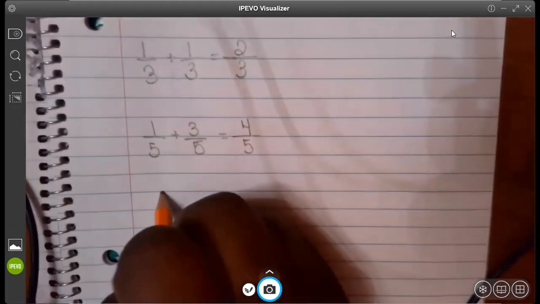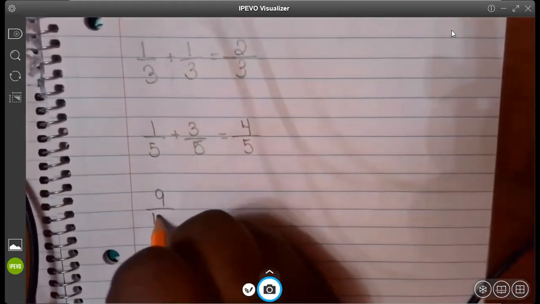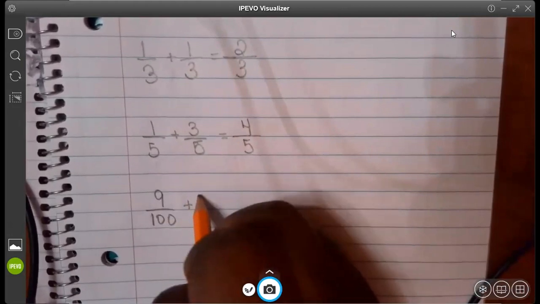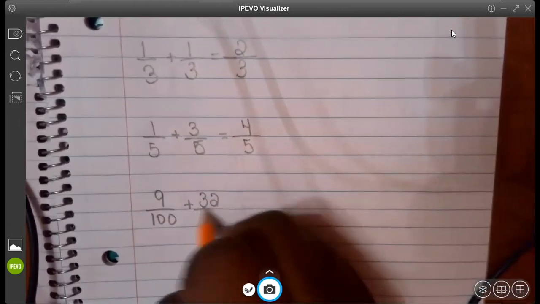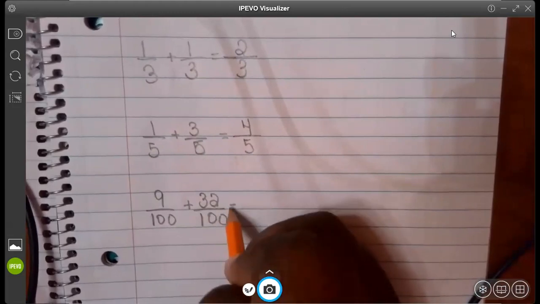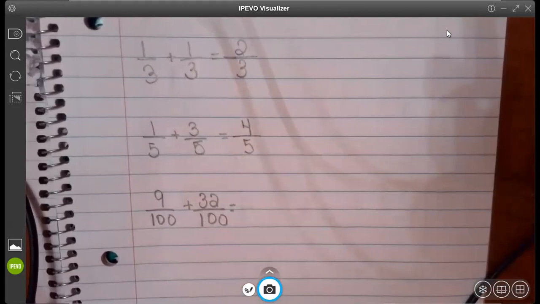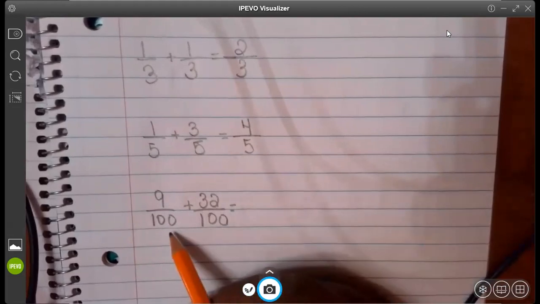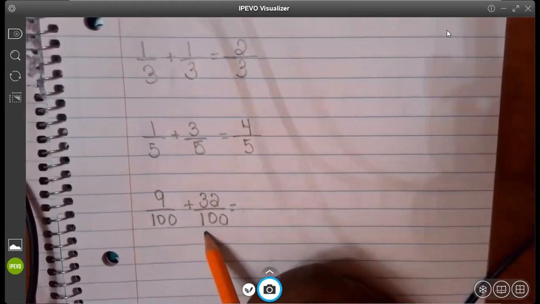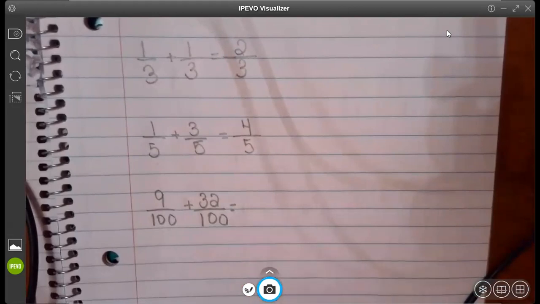So let's try another one. 9/100ths plus 32/100ths. Doesn't matter how far or how high our denominator is. Our first thing is always to ensure that our denominators are alike. There is a procedure if they're not alike, but we're not on that yet.